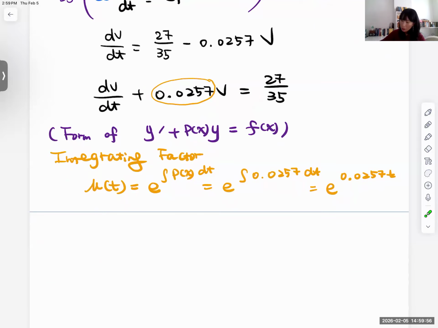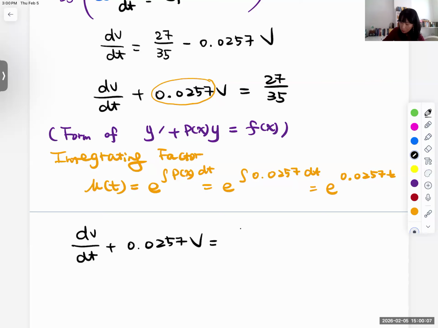So let me do dv over dt plus 0.0257v equal to 27 over 35, right? So we multiply by e to the 0.0257t. Okay, so what do you get?